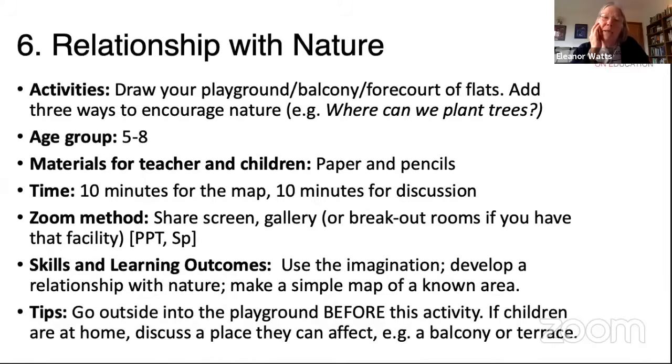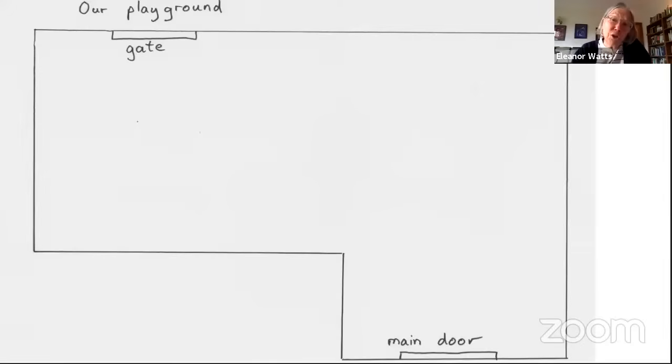They'll need a paper and pencil for this activity. We're going to show a very simple map of the school playground where you normally work, and ask the children to think, how can we make this playground a better place in terms of nature? Can we bring nature into our playground, even if it's in the middle of a city?